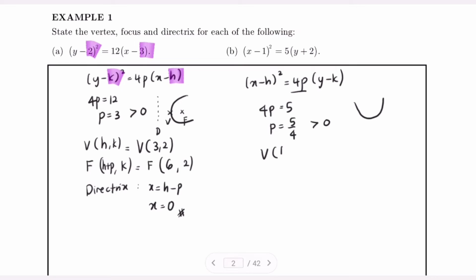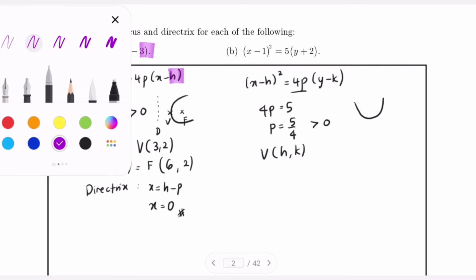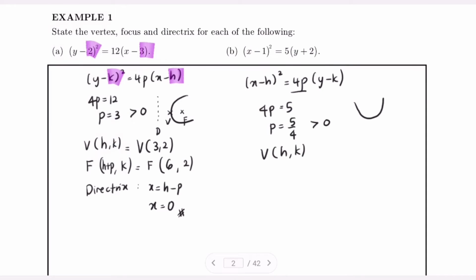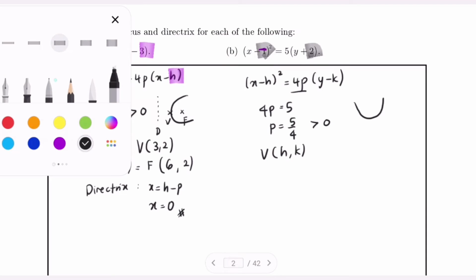So let's find out the values of vertex by comparing. So the h will be 1 and the k will be negative 2.